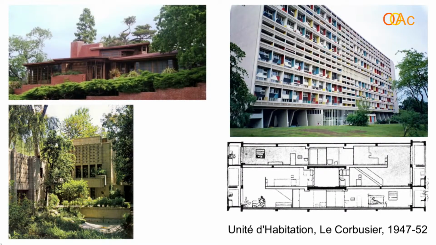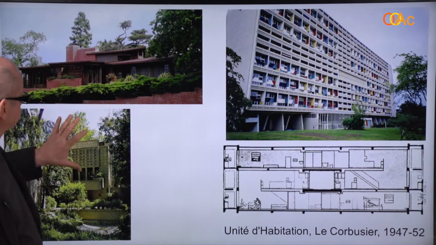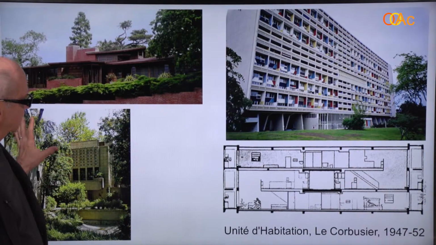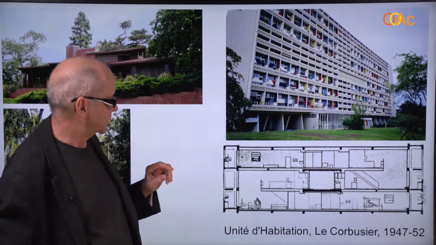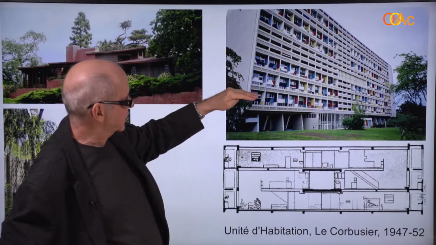So let's make another comparison here with Corbu. Here we have a house I didn't show you, the Hanna House. Very interesting because it's on a hexagonal grid. And here's the Millard House that I showed you. These two are very different from each other. Different clients, different climates, different locations. Here is the Unité d'Habitation by Le Corbusier, and the units are all very similar.